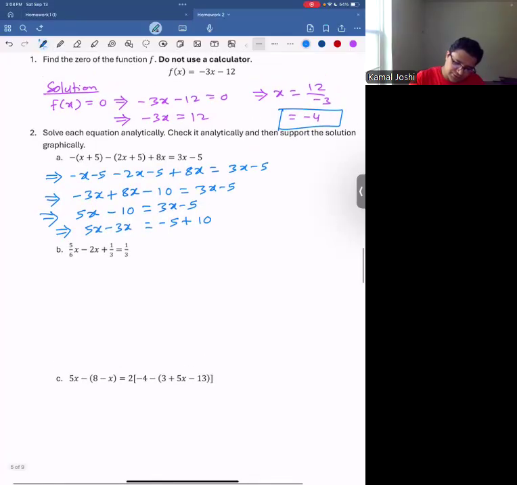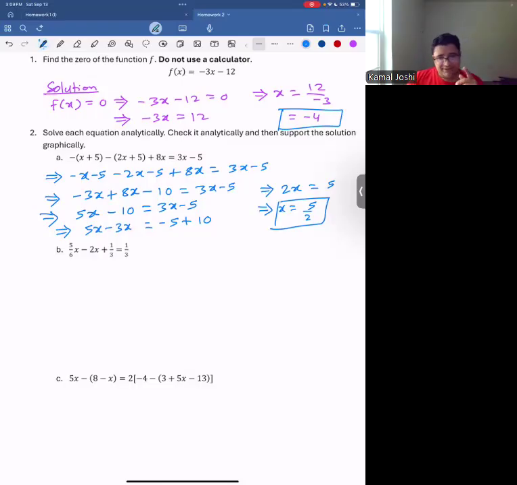Continuing here, that gives you 2x equals 5. So you get x equals 5 over 2. Now, checking analytically is the part where you plug in. You take the 5 over 2 in the equation and plug it in on a calculator. You can verify both sides by plugging in 5 over 2, and check that your answers match.